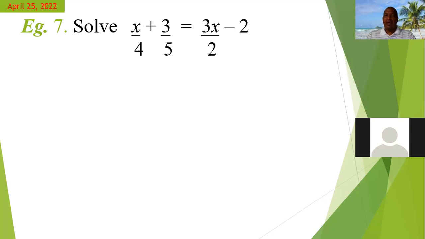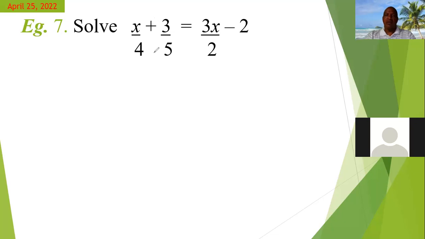But I'm going to show you how to solve this by working with the denominators. I'm going to show you 2 different approaches to this question, and then you will decide which method works easier for you.